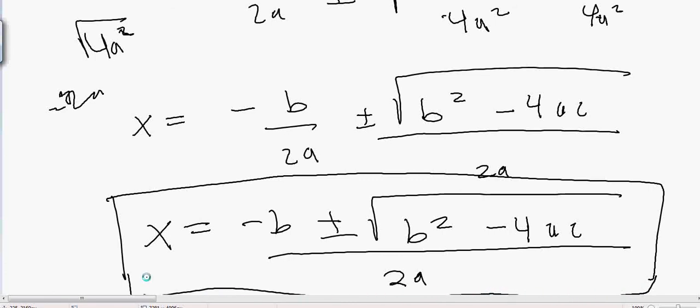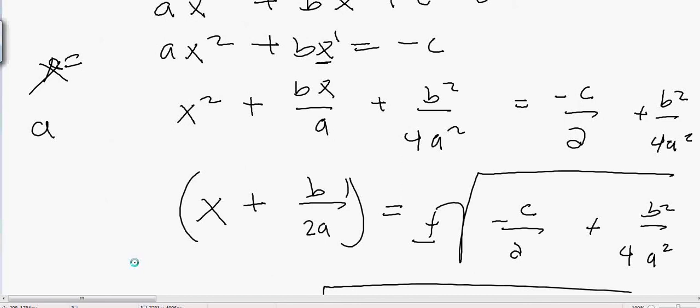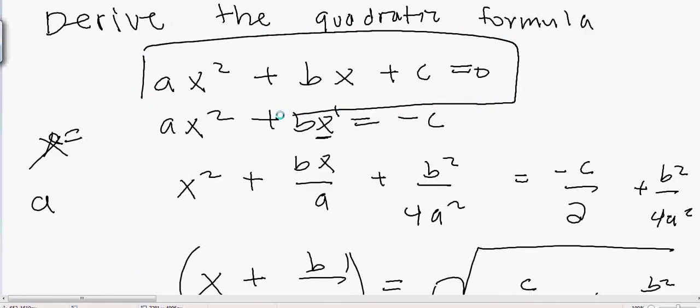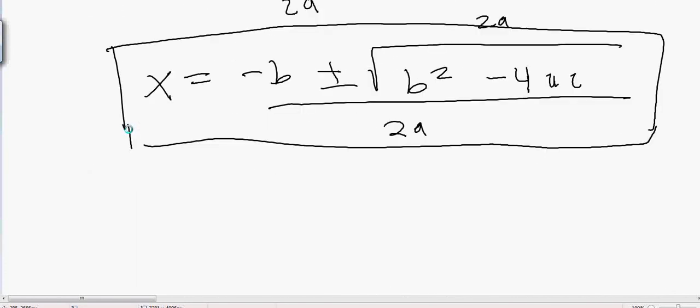And that's how you get from the standard form to the roots of x.